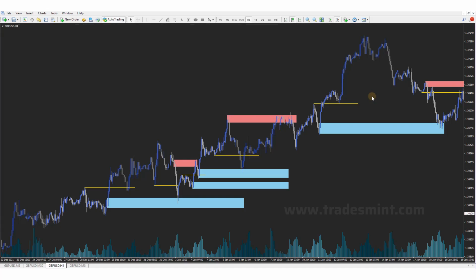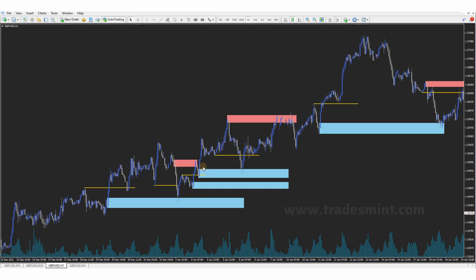Another thing I'm drawing are, in this case, the golden levels. These are price levels which were broken by a created supply or demand. Why am I doing this? To find also the TPs.